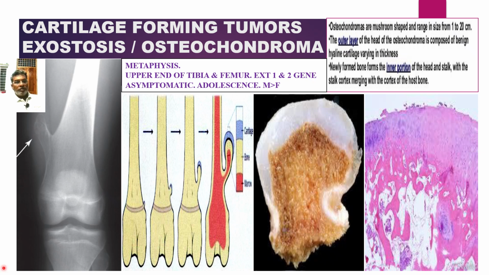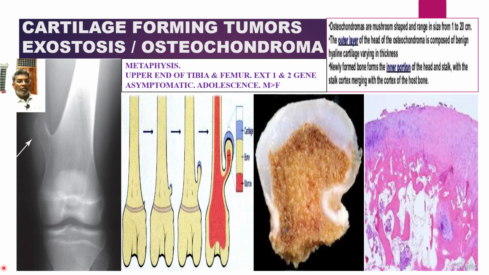Now in this slide, we will discuss the osteochondroma or exostosis, which is also a cartilage-forming tumor, and it is most commonly seen in the metaphyseal region, upper end of tibia and femur. The genes involved in exostosis or osteochondroma are EXT1 and EXT2.